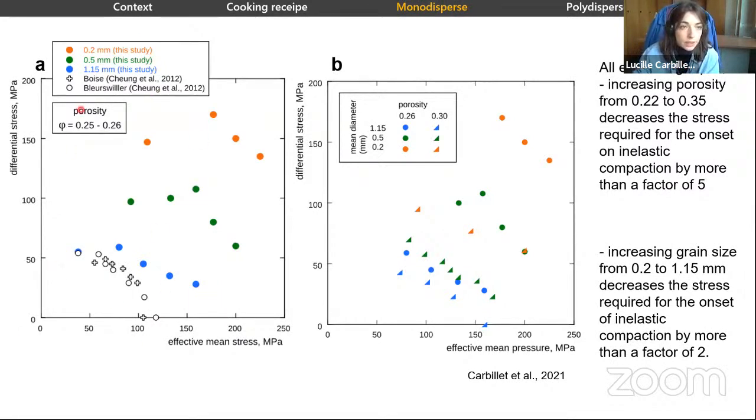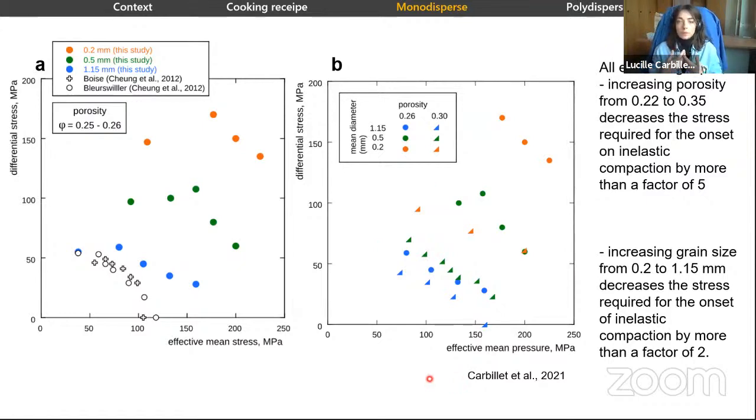That's really clear on this figure A, where we have failure envelopes for synthetic samples in colors. And we see that as we increase the grain size of the synthetic sample, the rock basically gets weaker. More precisely, as we increase grain size from 0.2 to 1.15 millimeters, we decrease the stress required for the onset of inelastic compaction by more than a factor of 2.